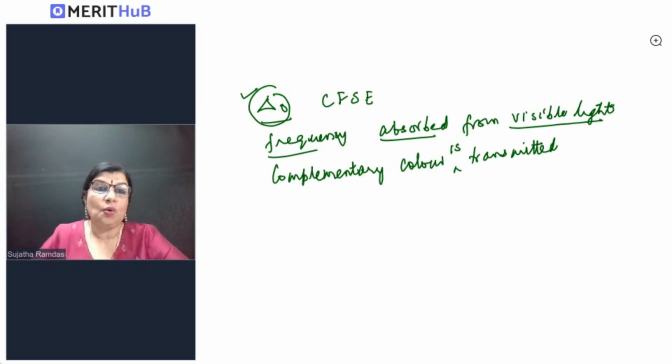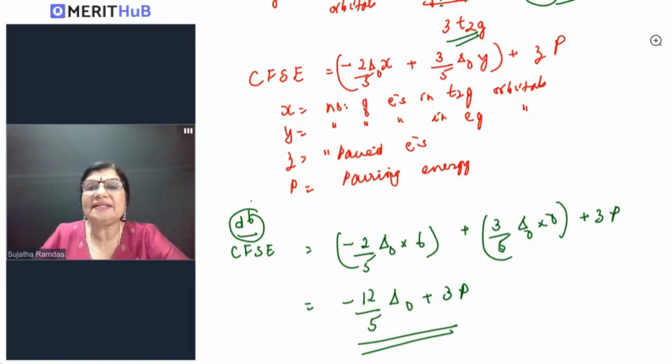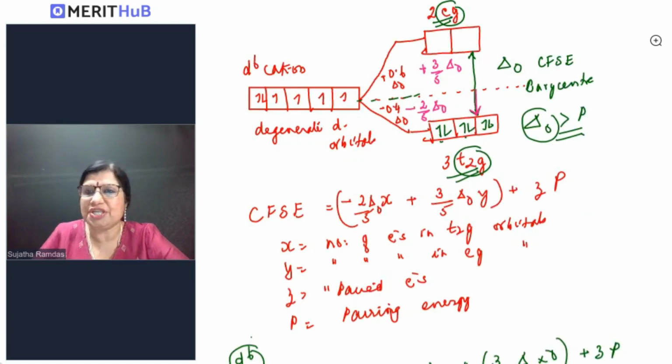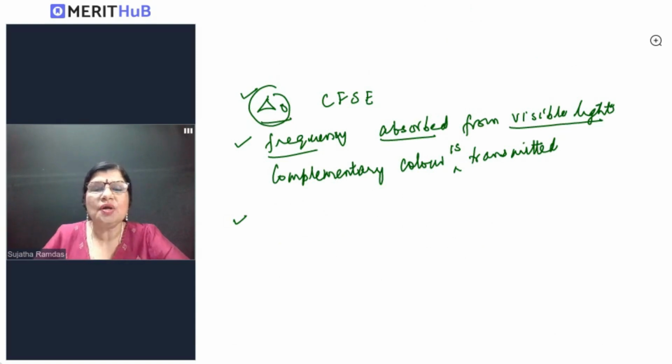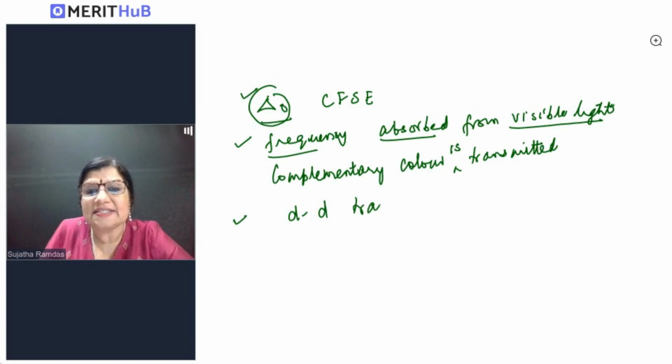Okay. Now, the frequency absorbed is used for what? The frequency absorbed is used for the electrons to undergo transition from t2g to eg. So the frequency absorbed is used for d-d transition.